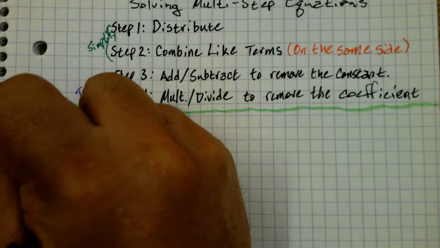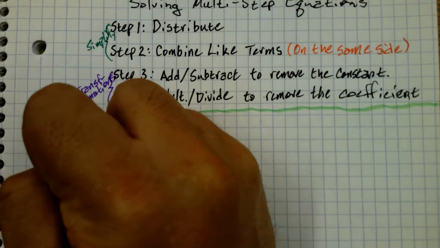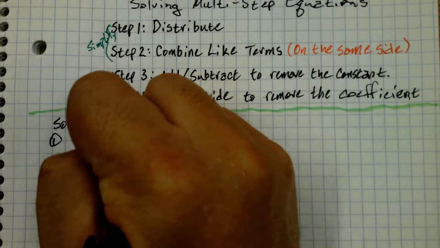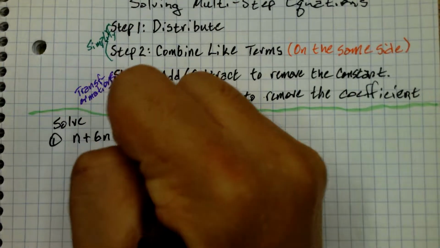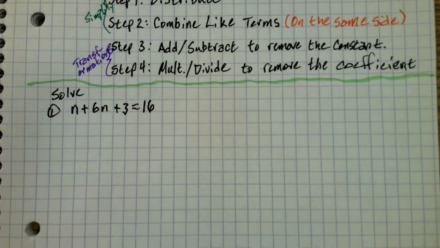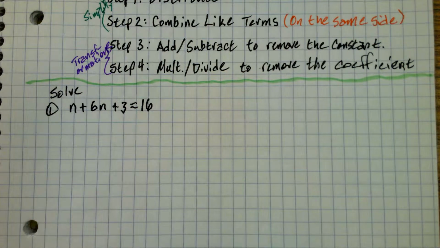We'll start out pretty easy. n plus 6n plus 3 equals 16. Go ahead and write that down. n plus 6n plus 3 equals 16.